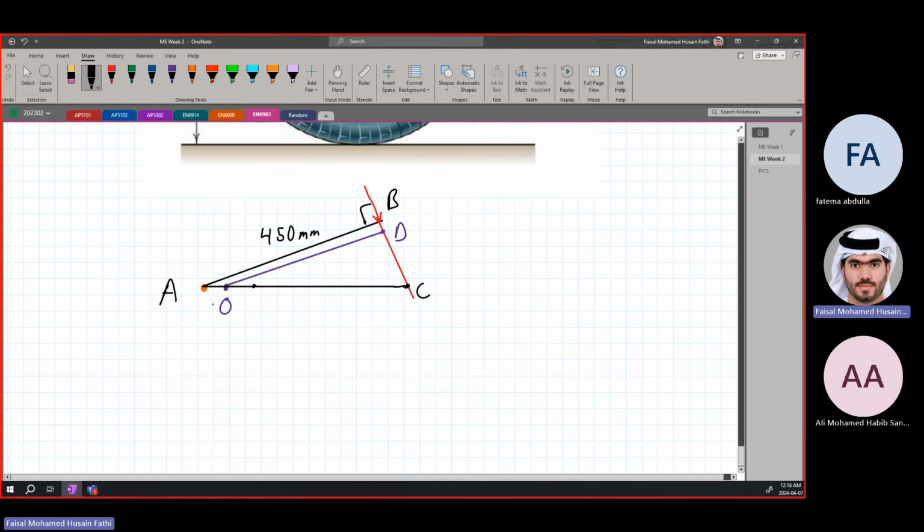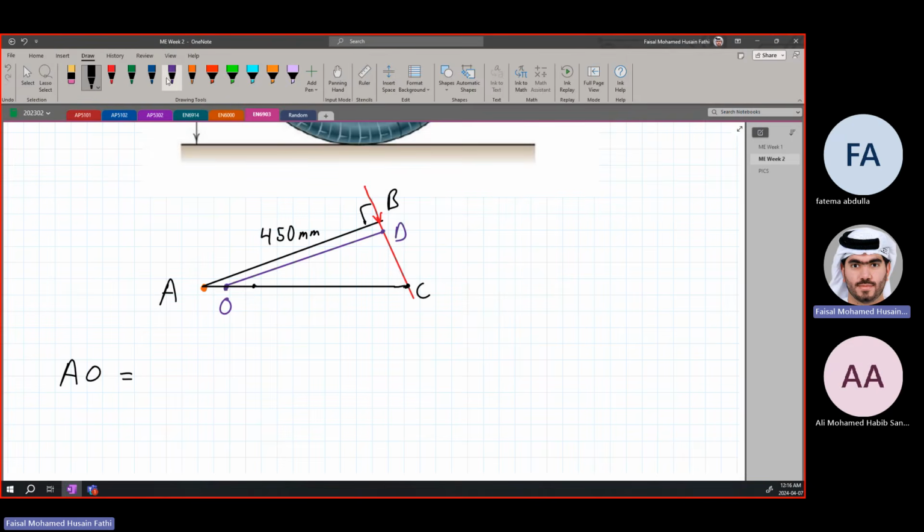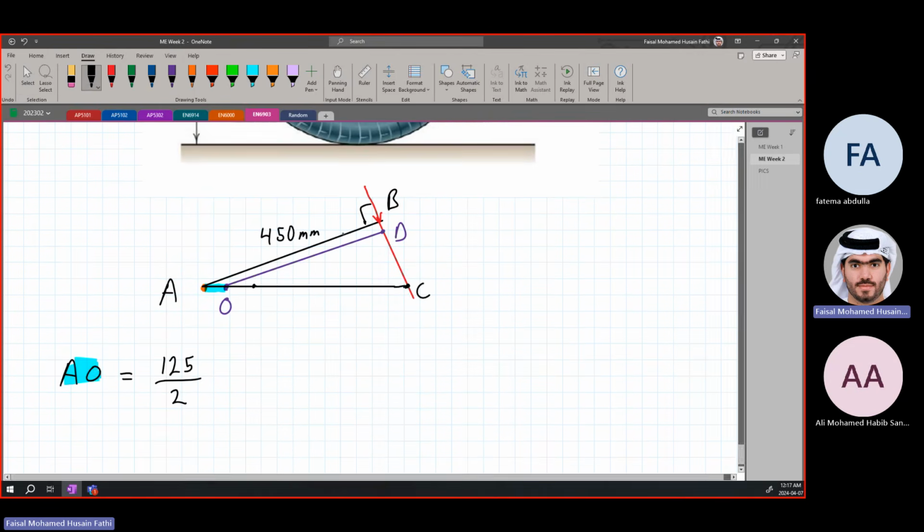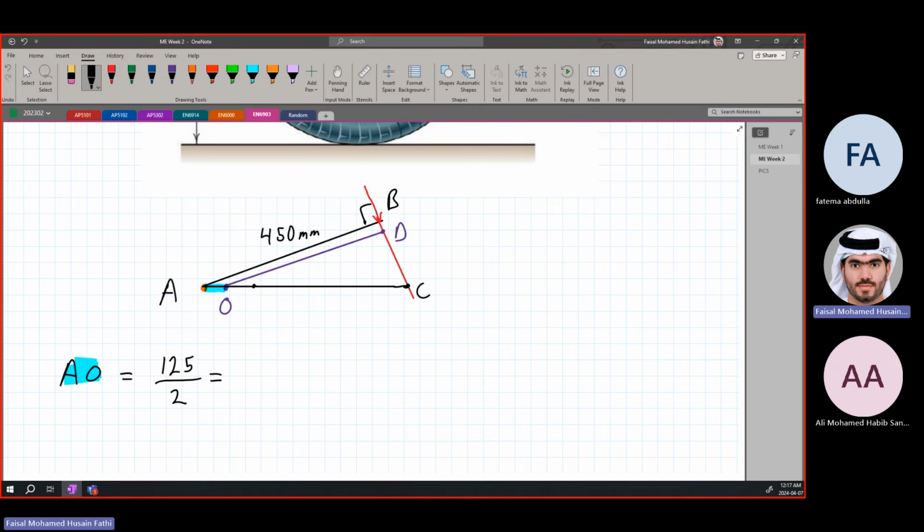The distance AO is going to be equal to 125 divided by 2, because the total distance is 125 from one bolt to the other. So from the bolt to the middle is half of 125, which is 62.5 millimeters.